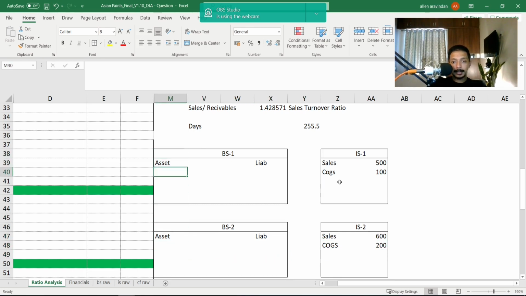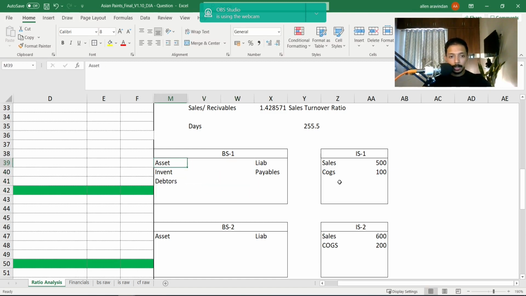Now on the asset side, let's say in the first year you actually got inventory. Inventory will not show up in the income statement, remember, because cost of goods sold will only appear when you are selling it. So let's say in the first year you bought some inventory. I'm going to write inventory out here, and payables out here. And on the asset side I will also have debtors.